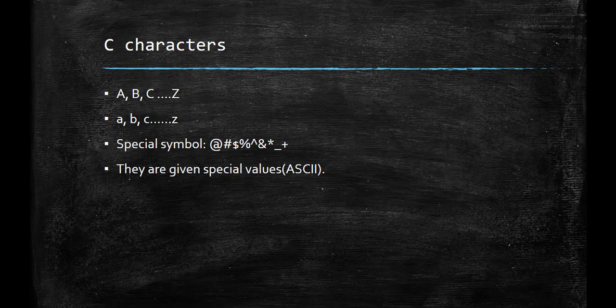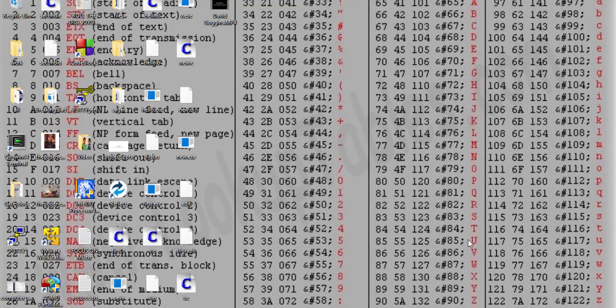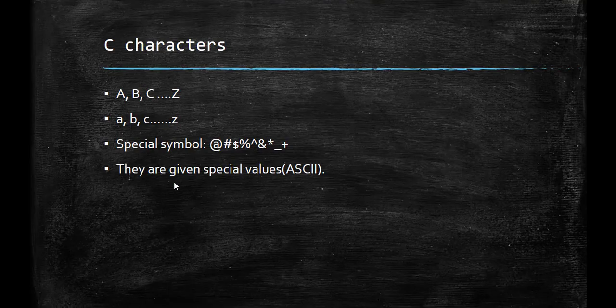Uppercase A to Z is given the ASCII values 65 to 90, lowercase a to z is given 97 to 122, and 0 to 9 is given 48 to 57, and there are some other special characters. So this was about C characters.